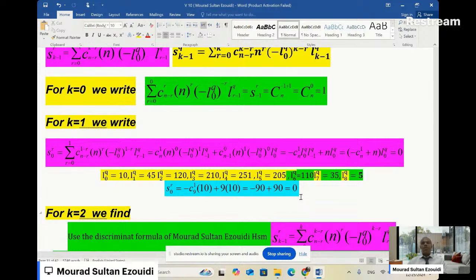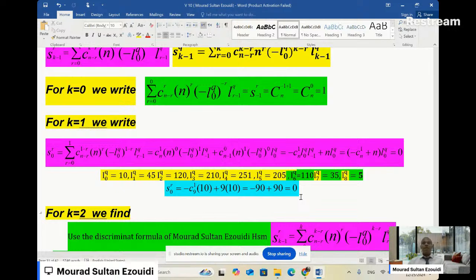But for today, prepare yourself. It's easy to work through this kind of difficult task, okay, while working with these equations. It's not easy, okay, but according to my theorem, which has been written as the sum from 0 to k, combination n minus r choose k minus r, n raised to the power r between parentheses, negative a 0 for the q raised to the power k minus r times L r minus 1 for the q, will give you the coefficient of this new 9th degree equation.